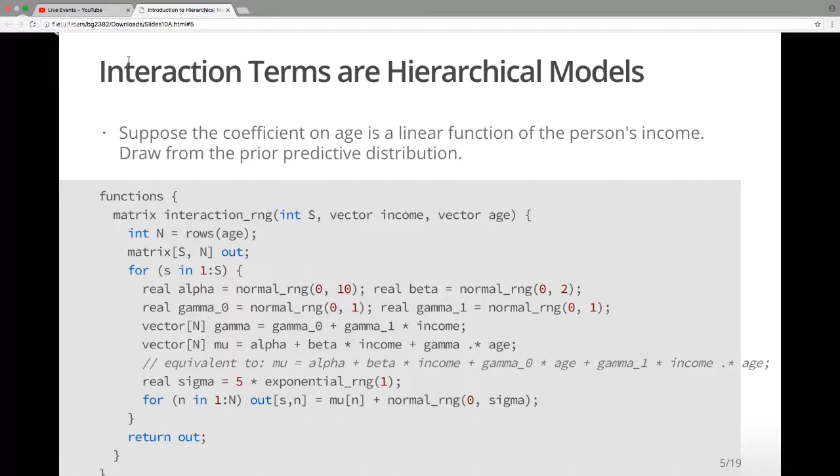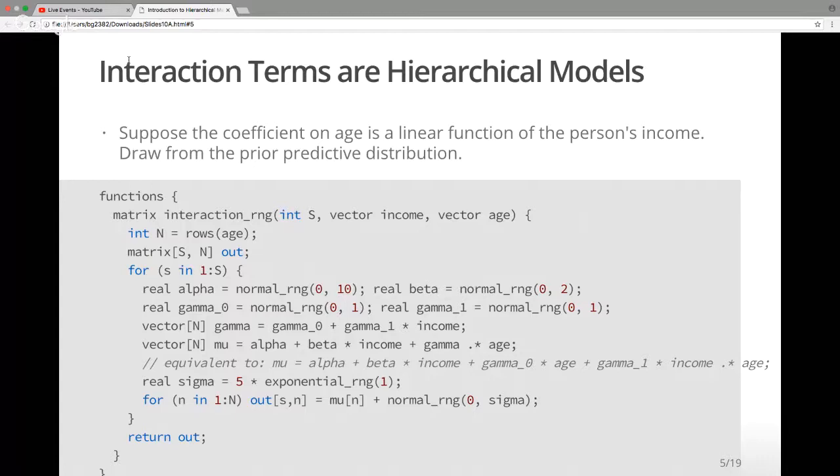But if you just look at this and do basic scalar algebra with just the distributive law, you can see that a particular person's mu is just alpha plus beta times income. And then you stick this whole expression in for gamma there and distribute age across. You get gamma 0 times age plus gamma 1 times income, element-wise multiplied by age.